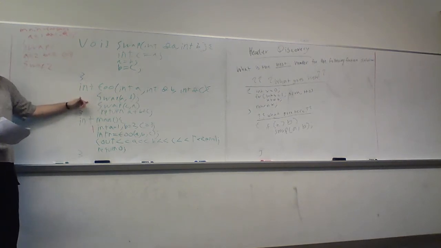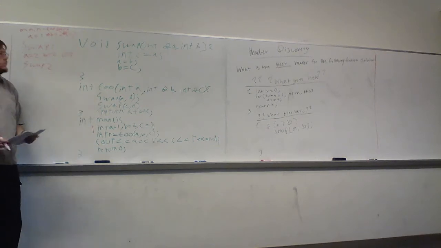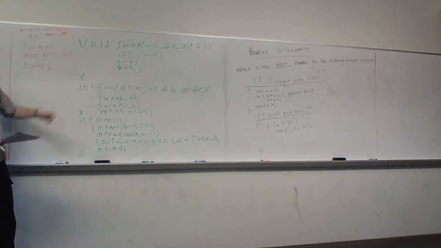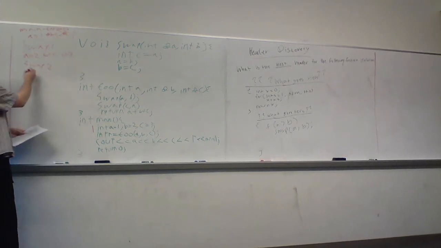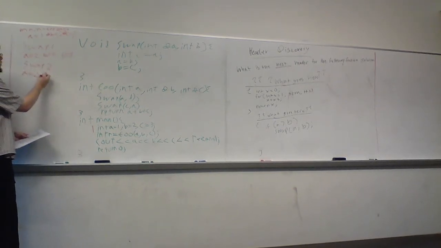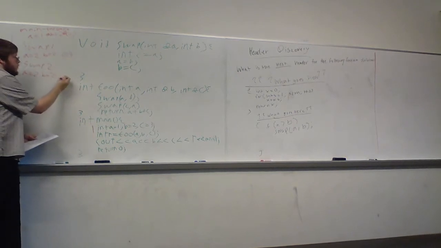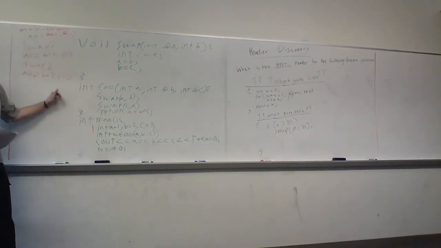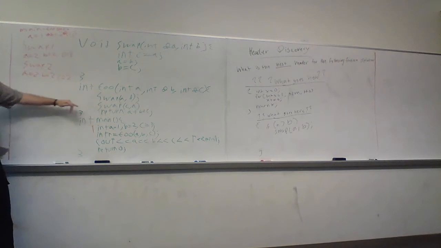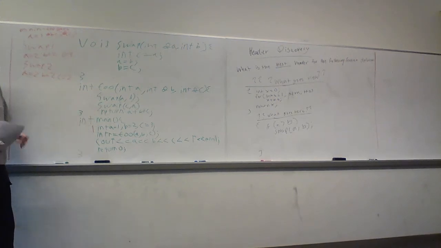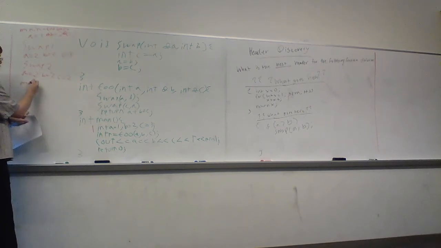What is c's value going to change to? So now all 3 values are equal to 2, right? So then it gets down to here and returns a plus b plus c. So it's now going back to main. 2, 2, 2, 6.